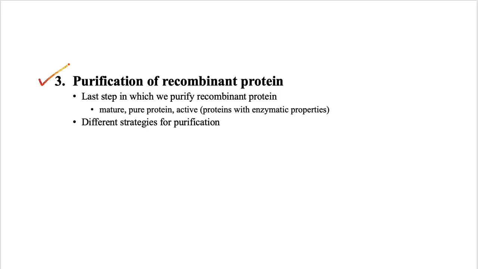Now, the third main part of this whole process is the purification of the recombinant protein, which is the ultimate goal and the last step as well. The idea is to purify a pure, mature form of the protein of interest. I have used the word active as well.